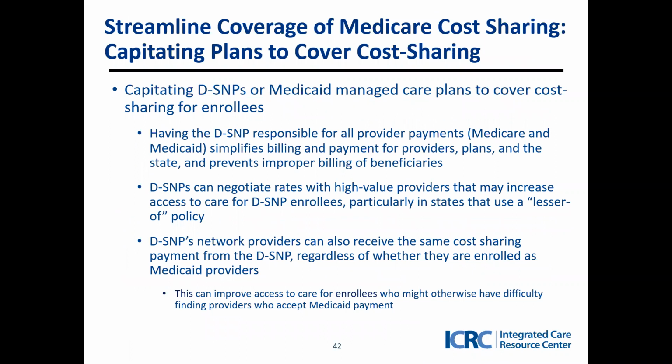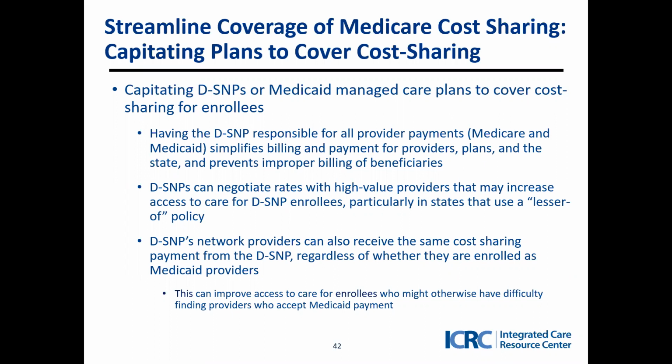So another strategy to streamline coverage of Medicare cost sharing is capitating managed care plans to cover the cost sharing. If a state contracts with a DSNP for coverage of Medicare cost sharing, for example, then the DSNP will become solely responsible for both the Medicare and Medicaid portion of provider payments.